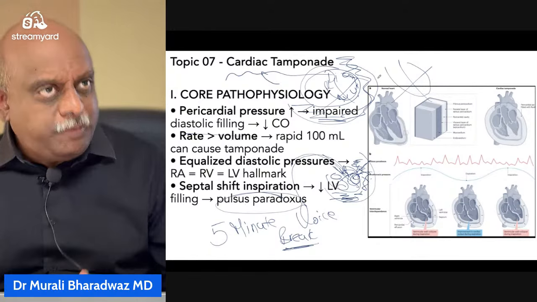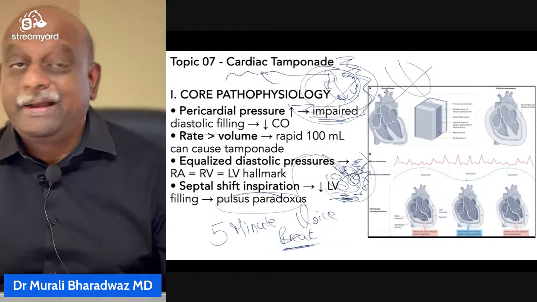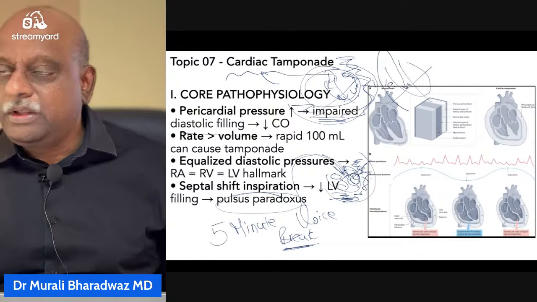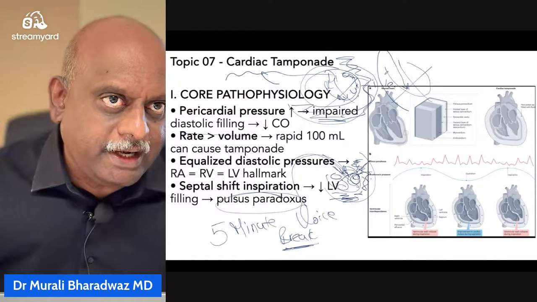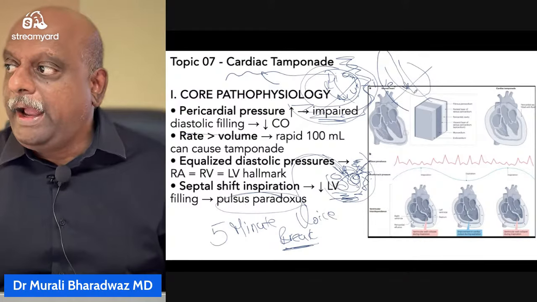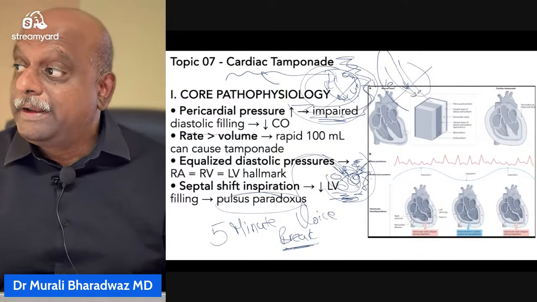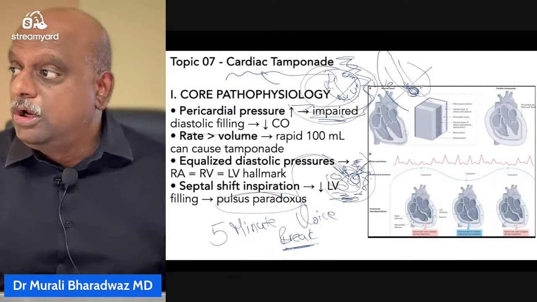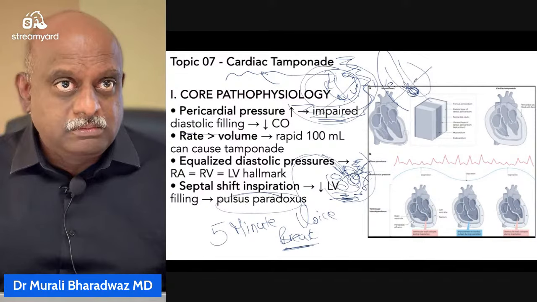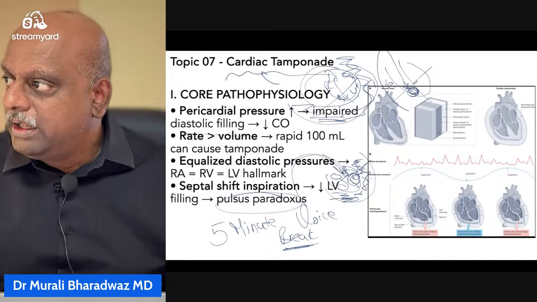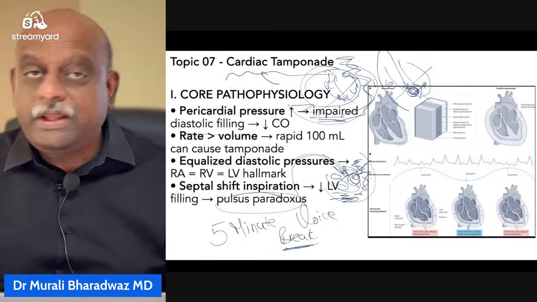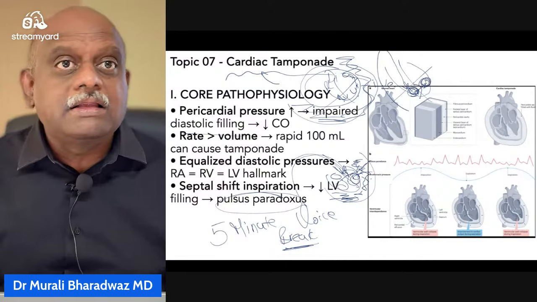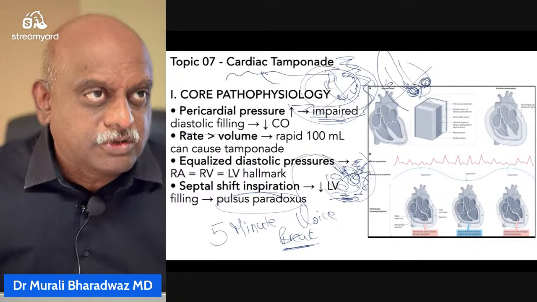Whenever you take inspiration, there is a negative intrathoracic pressure which sucks the blood into the right side of the heart. And that increased blood in the right side of the heart normally will cause the push of the interventricular septum and make the left ventricle size to become smaller.